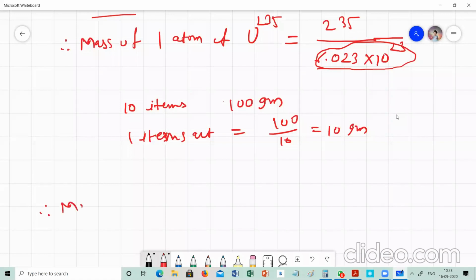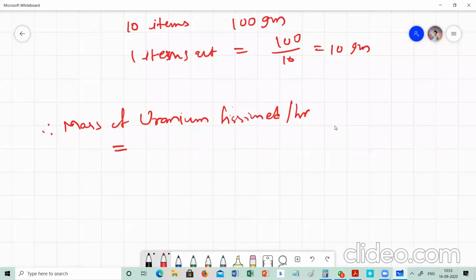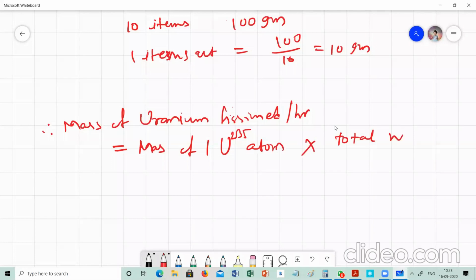Therefore the mass of uranium fissioned per hour will be equal to the mass of one uranium-235 atom into the total number of atoms of uranium-235 fissioned per hour.